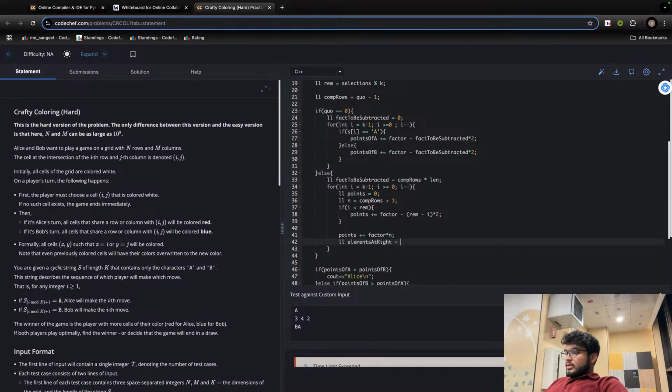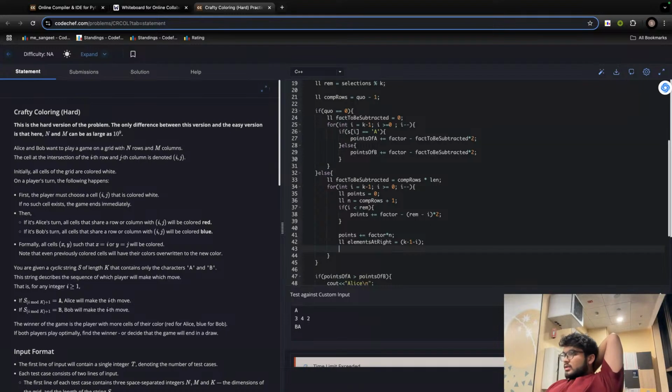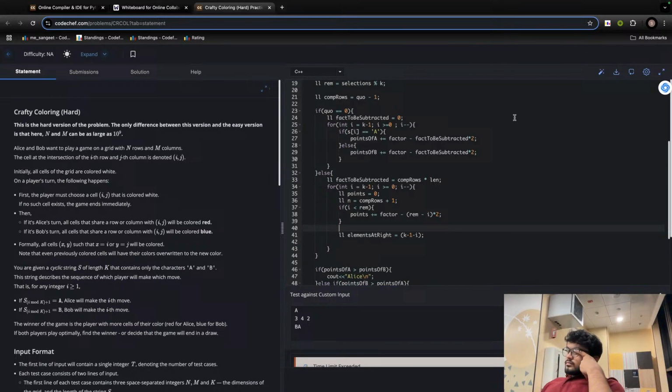The value will be k minus 1 minus I. These will be the elements at right. What was N? Yeah, we will come to this later. Okay, this we did for the last row. Got it.